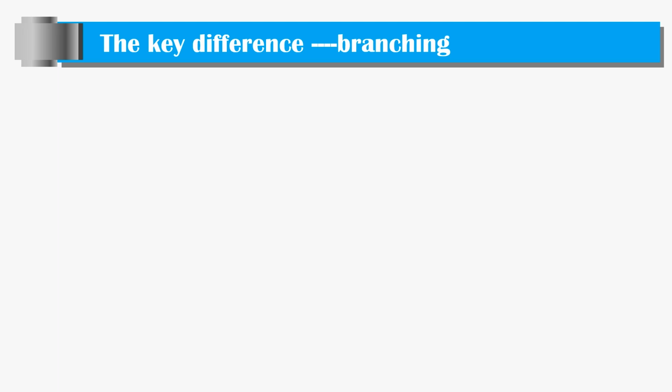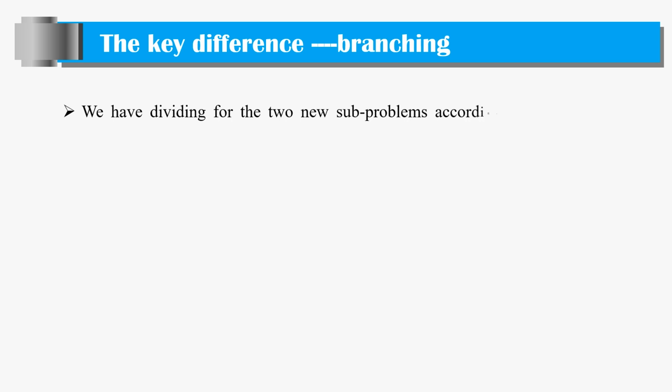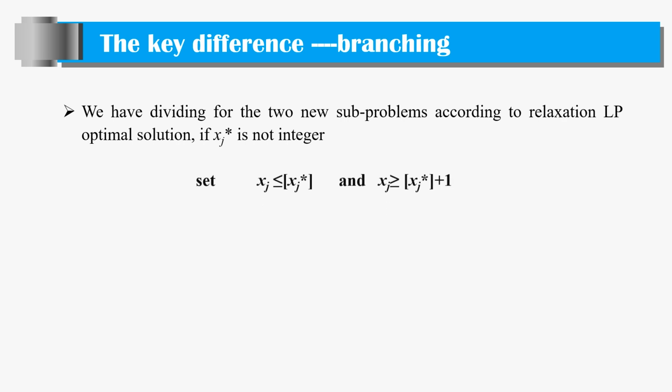The key difference of the mixed branch and bound method is the dividing branch. We divide into two new subproblems according to the LP relaxation optimum solution if xj is not integer. We set xj less than or equal to floor of xj, and xj greater than or equal to floor of xj plus 1.